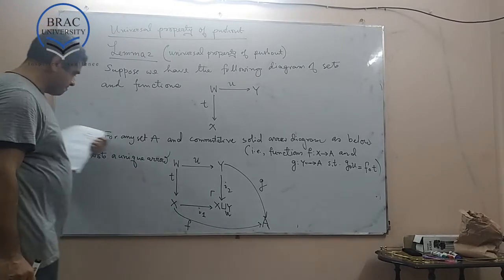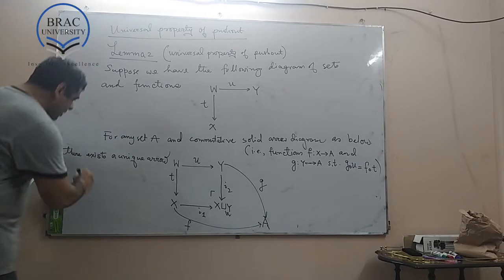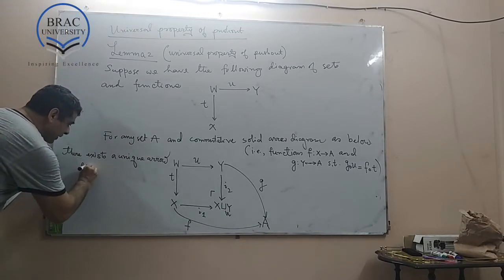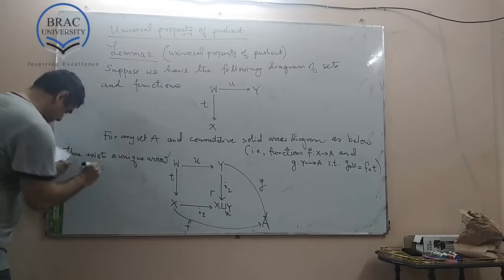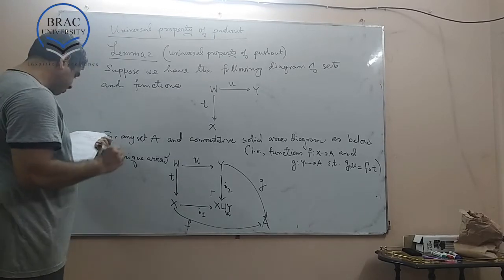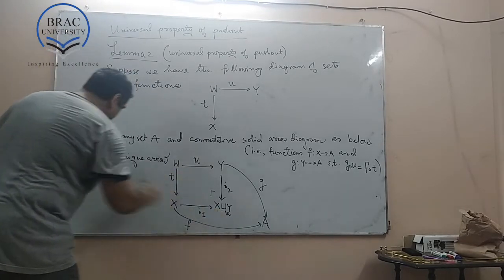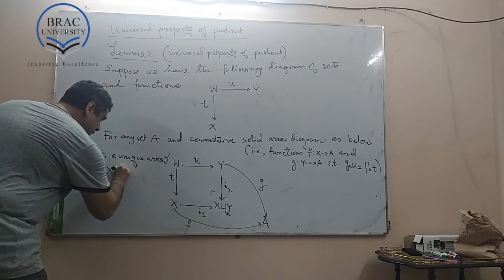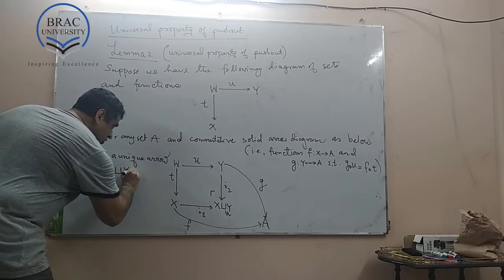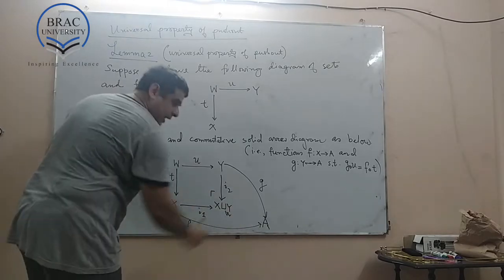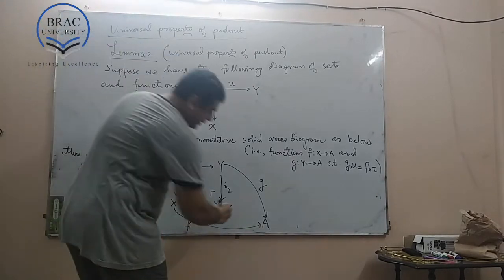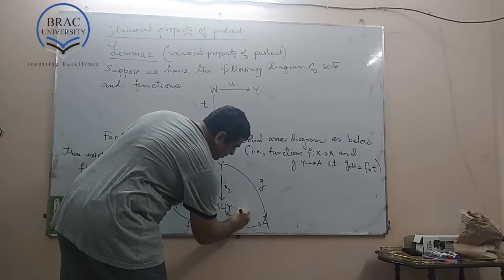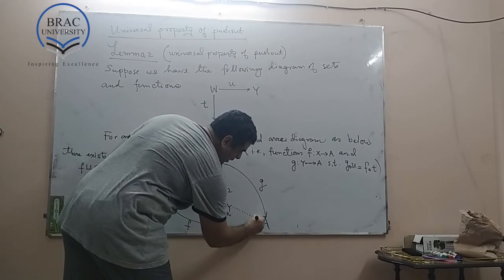I'm denoting this unique arrow by this sign from this pushout to that set A. Drawing this unique arrow here.